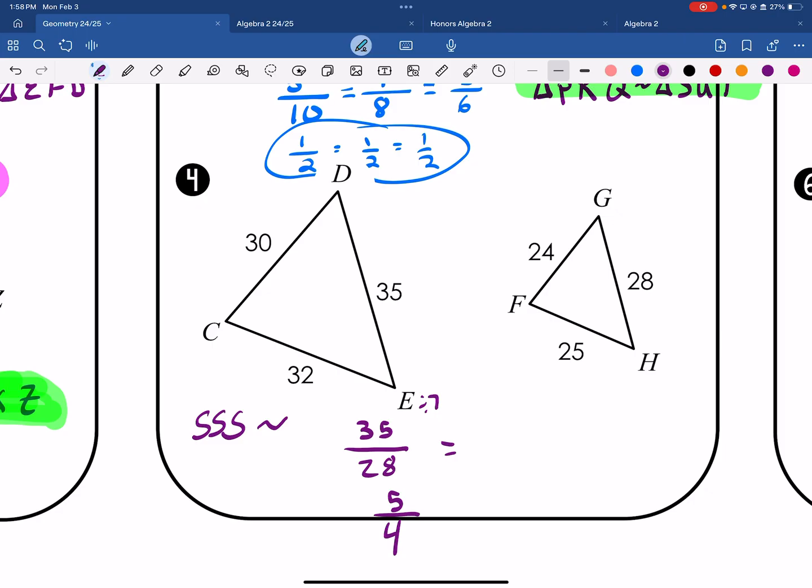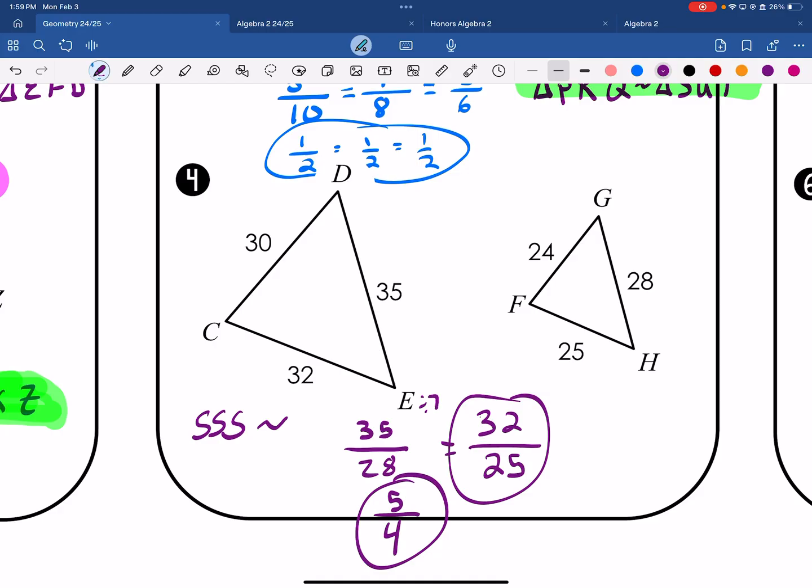Now I go to the middle. That's 32 over 25? Are they divisible by anything? Both of them divisible by anything that's the same? I don't think so. 25 is 5 and 1. So this is 32 25ths and this is 5 fourths.